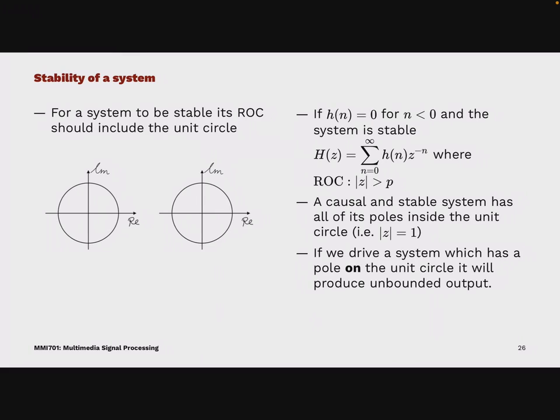So we have e to the power j omega, e to the power j theta, whatever, which means we are dealing with unit amplitude, driving our system, for instance, by unit amplitude complex exponentials, which correspond to sinusoids, which have a fixed amplitude. So in order for our system to handle such sinusoids, its region of convergence should include the unit circle. If it does, then perfect. Your system will then be stable.